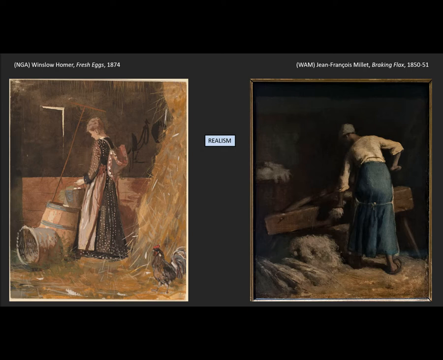And these images of an idyllic countryside are really escapism, right? They're part of a broader idea of trying to get back in touch with a kind of life that the Industrial Revolution has rendered useless or alien to most people, right? And this leads to a difference between Homer's approach to realism and the French approach to realism.